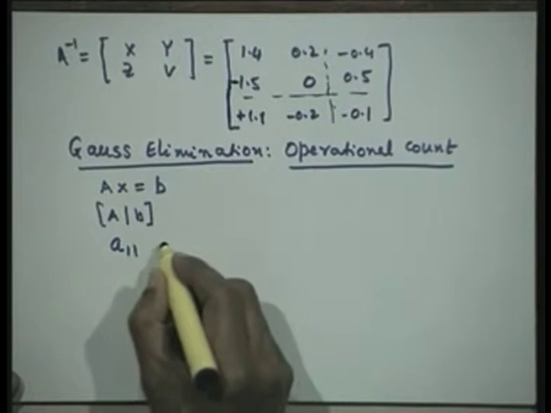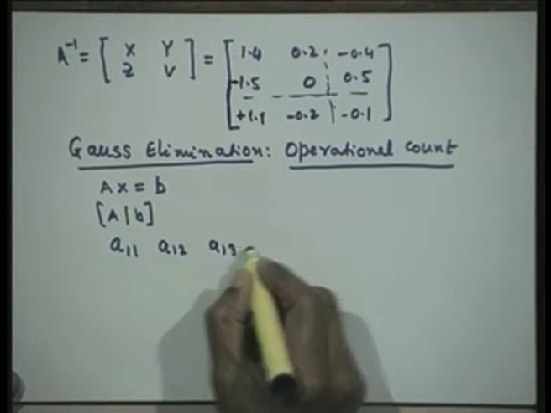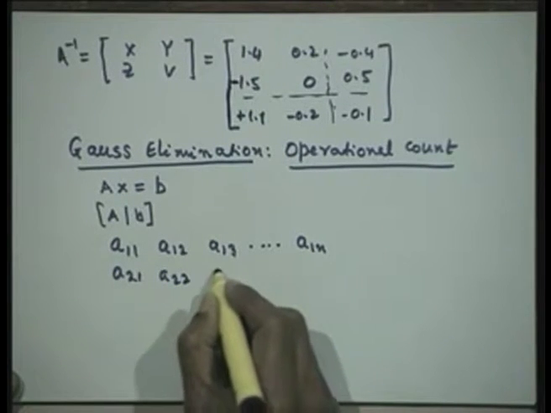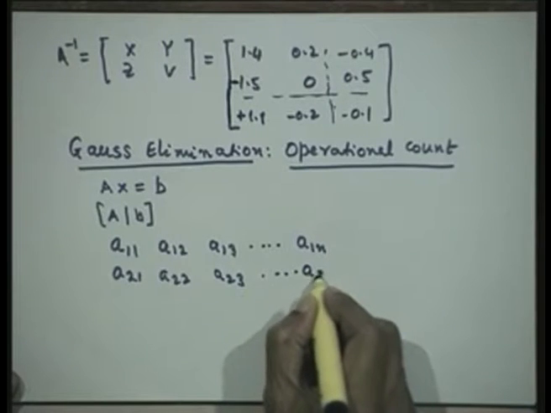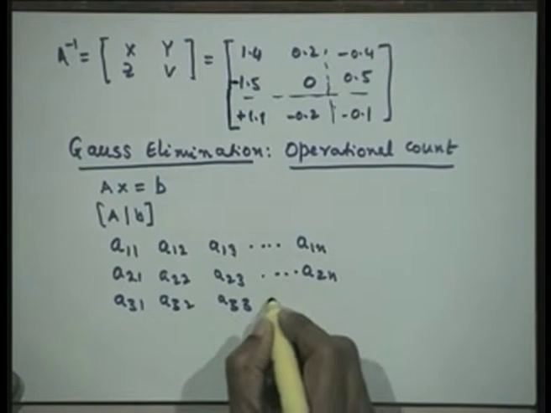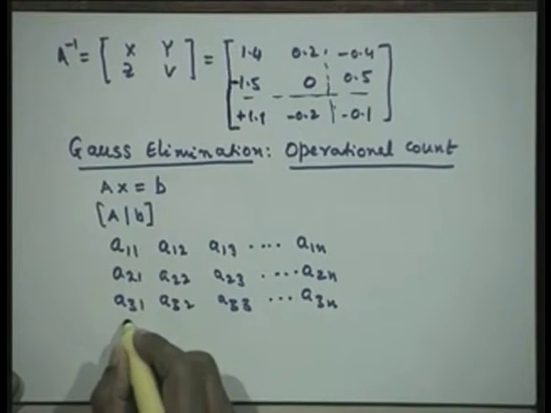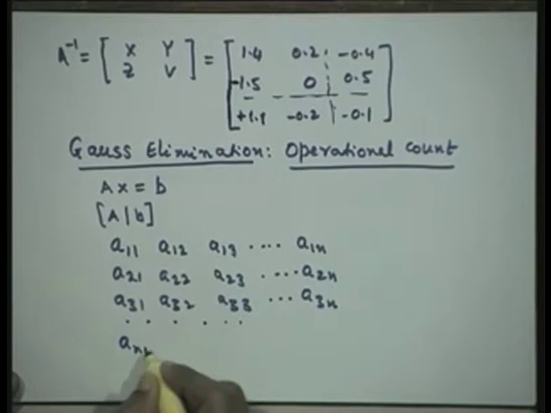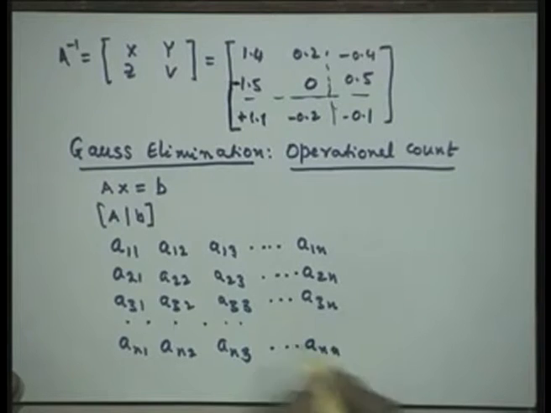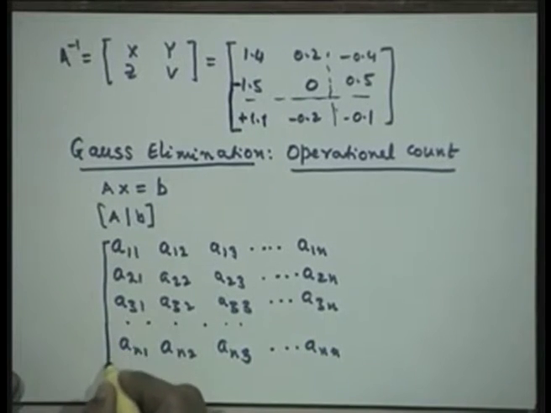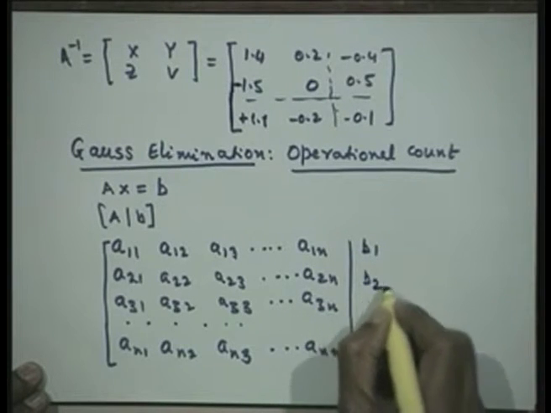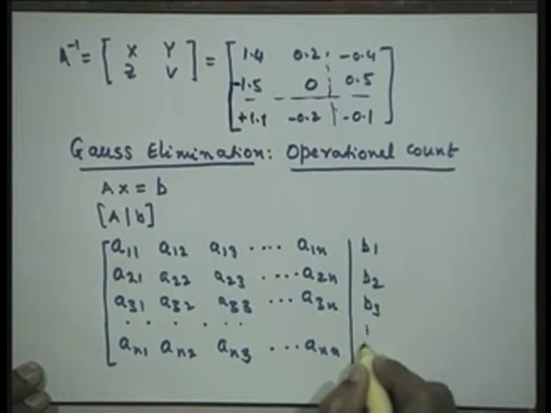So, let us write it: A11, A12, A13, A1n; A21, A22, A23, A2n; A31, A32, A33, A3n; AN1, AN2, AN3, ANN, and the right hand side vector B1, B2, B3, Bn.